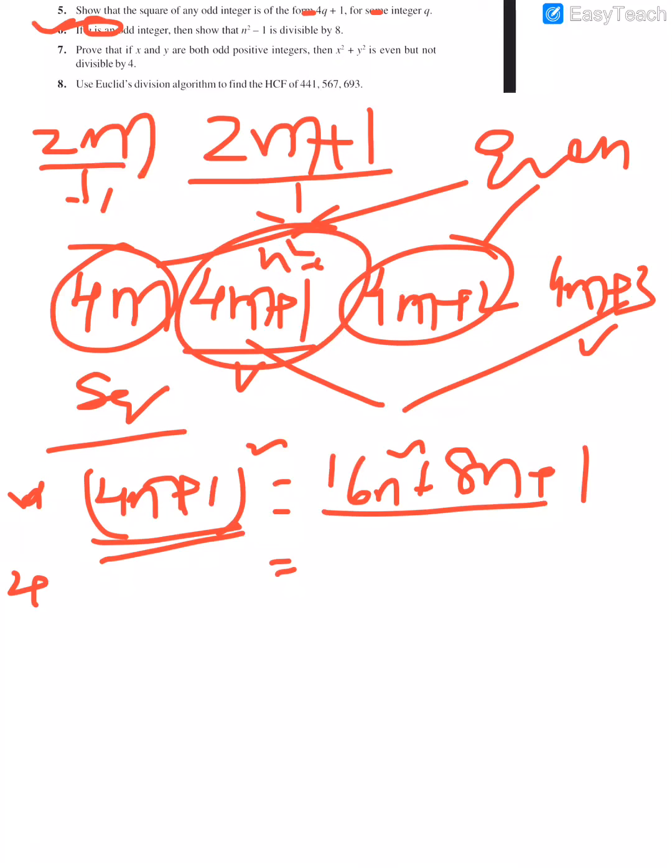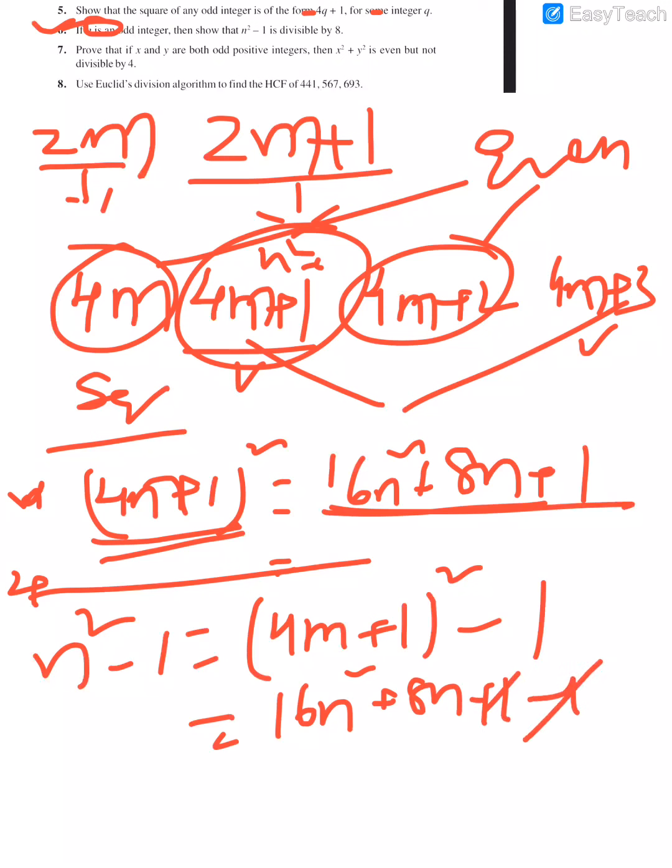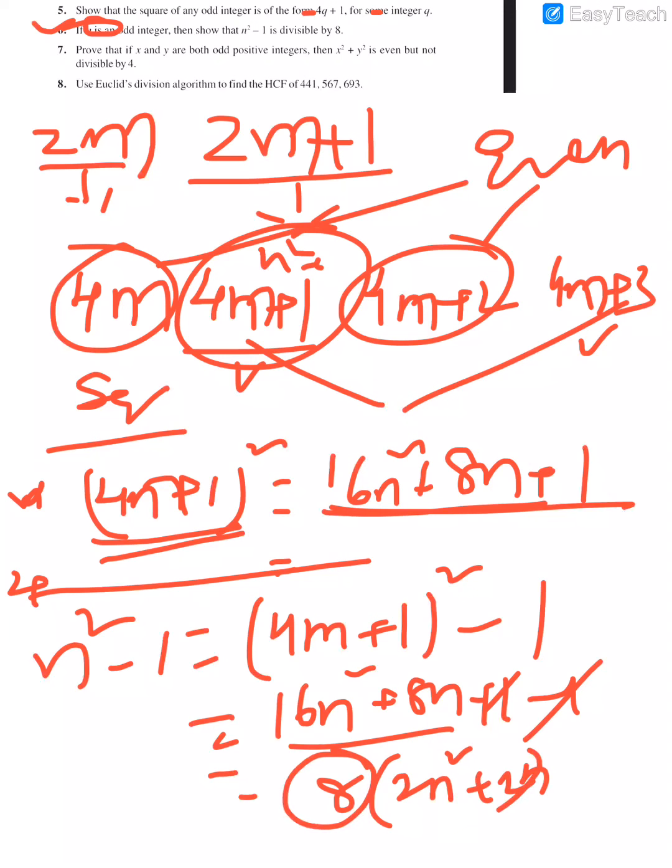We need n square minus 1, so in place of n square minus 1 we have 4m plus 1 whole square minus 1. So this is 16m square plus 8m plus 1 minus 1. So the 1 gets cancelled. So you take 8 common: 8 into 2m square plus m. So it is divisible by 8.